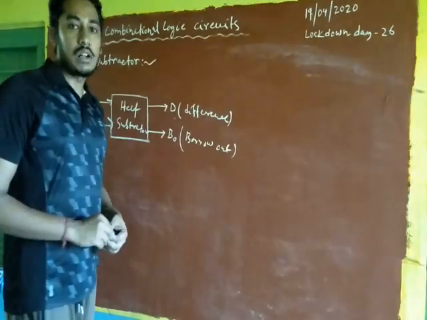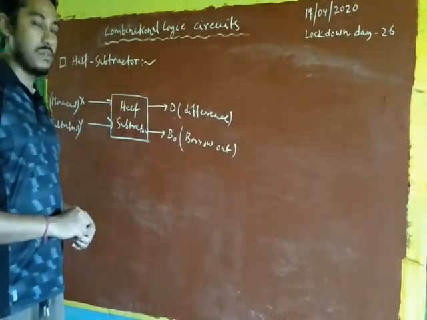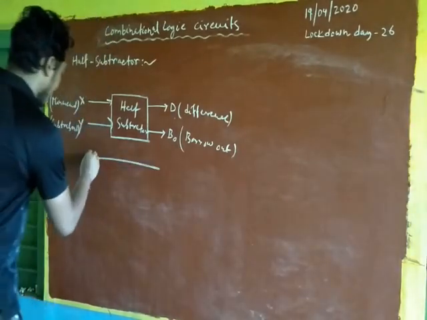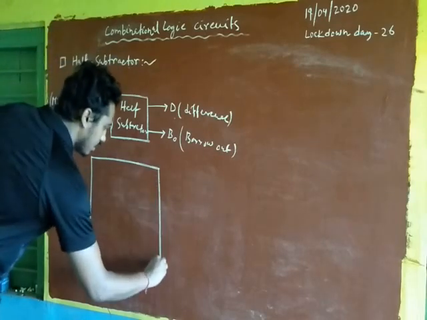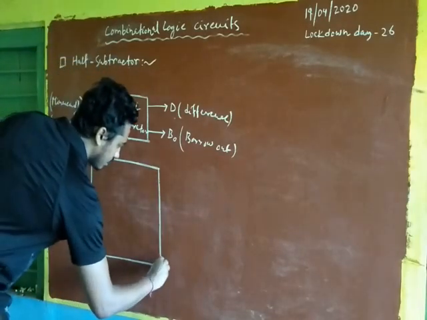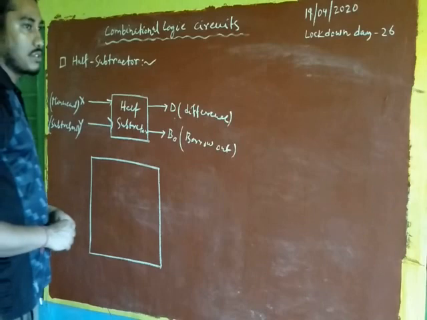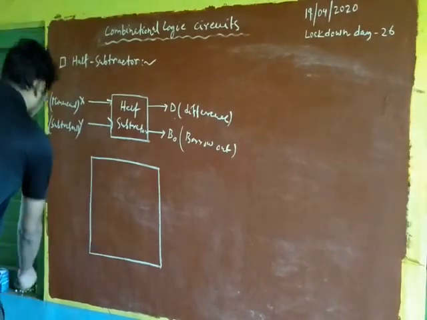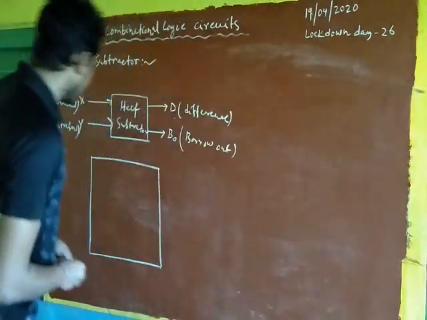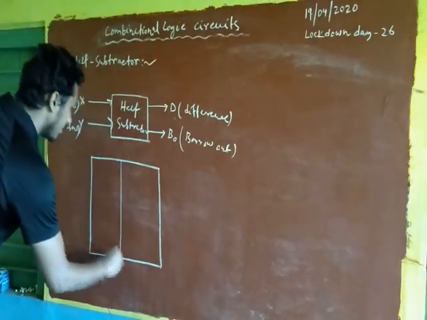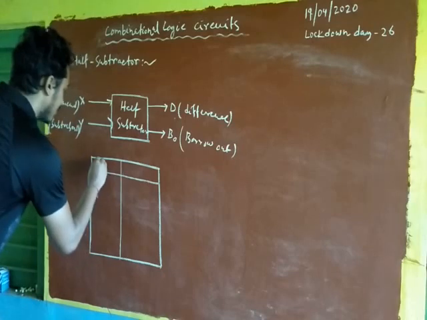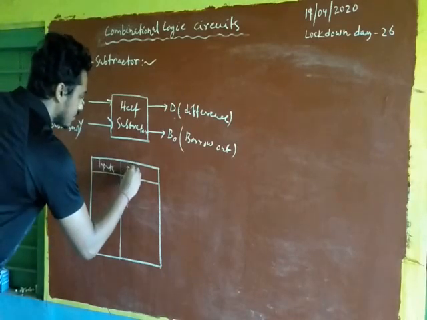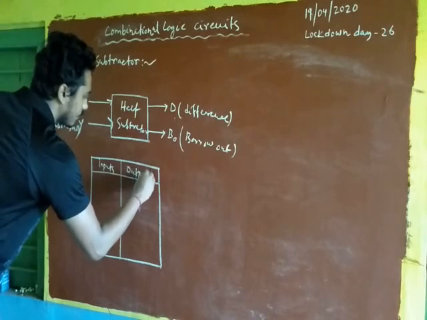Now we will come to the truth table of half subtractor. The truth table is the representation of the input output relationship. For all the possible inputs, what will be the output? From the truth table we can easily identify that. This part is for input and this is for output.